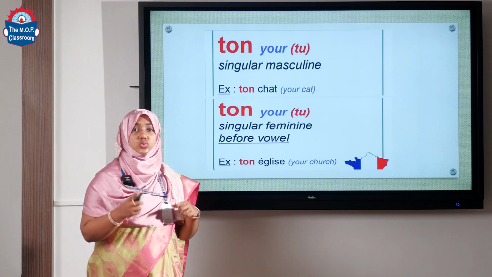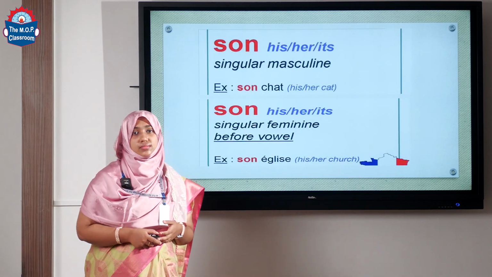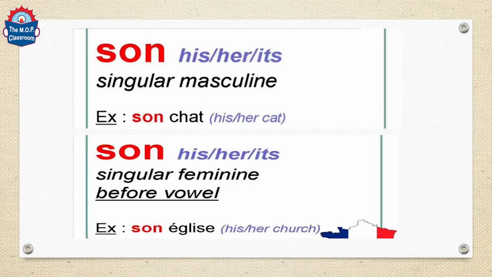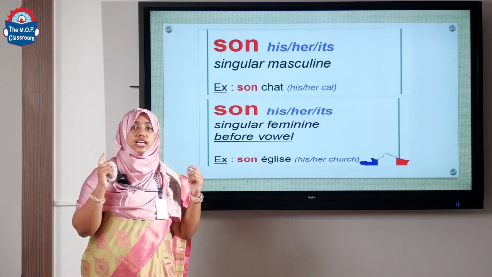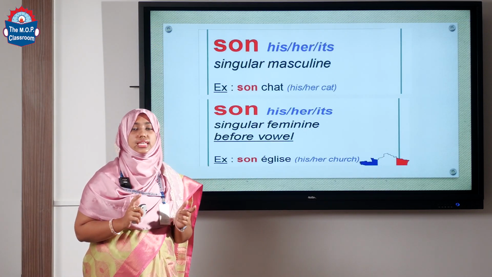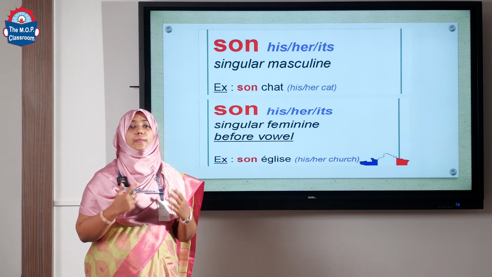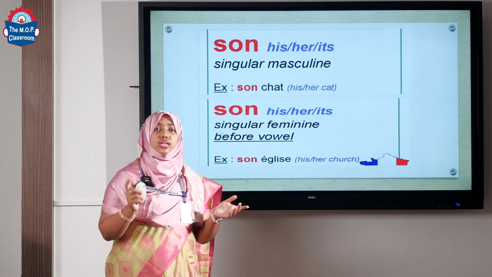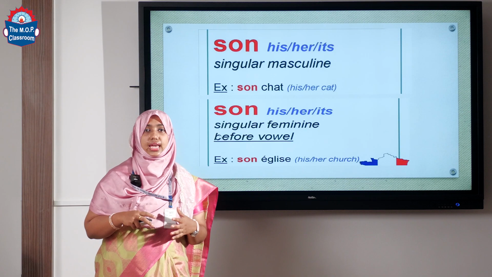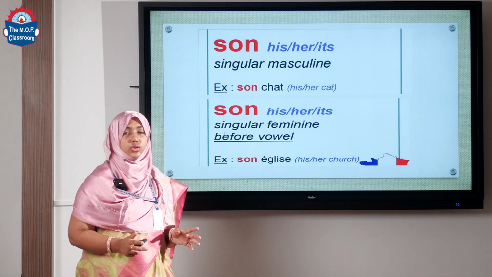Now next is the confusing and tricky one, which is for il and elle. Son chat. His cat, or it can also be her cat. So in this context, as we have seen earlier, we should not see the gender of the possessor. We have to see the gender of the possession. So cat is masculine. So irrespective of the owner of the cat, be it a boy or a girl, we still have to use son chat.